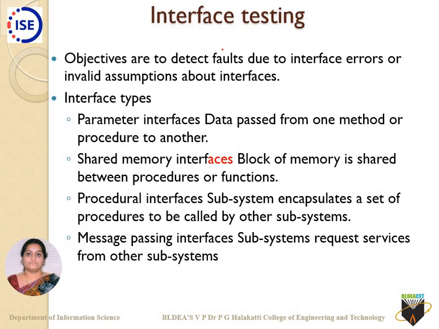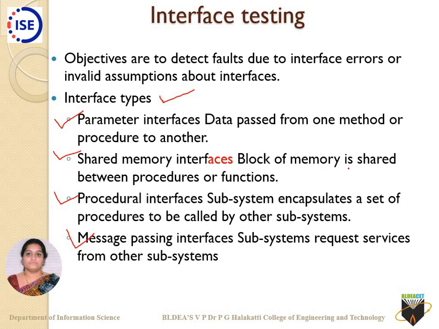Then I have interface testing. Whenever I say interface, this is what we look at for any application. The objectives are to detect faults due to interface errors or invalid assumptions about interfaces. Interface types include parameter interfaces, shared memory interfaces, procedural interfaces, and message passing interfaces. Whenever data is passed from one method or procedure to another, I call it a parameter interface.